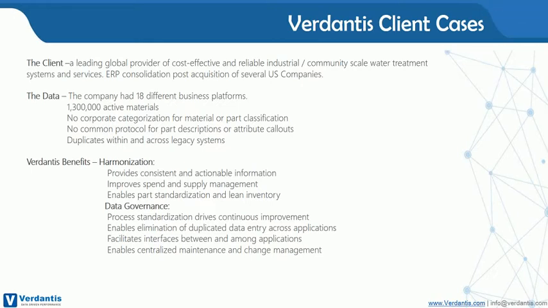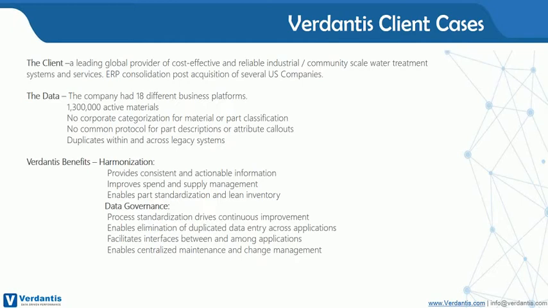These are facilities that would clean community or municipality water supplies on a global basis. 18 different business platforms after a series of acquisitions, 1.3 million items as active material for their process. Because they had grown through significant acquisitions, there were no corporate categorization standards for their parts or their material.